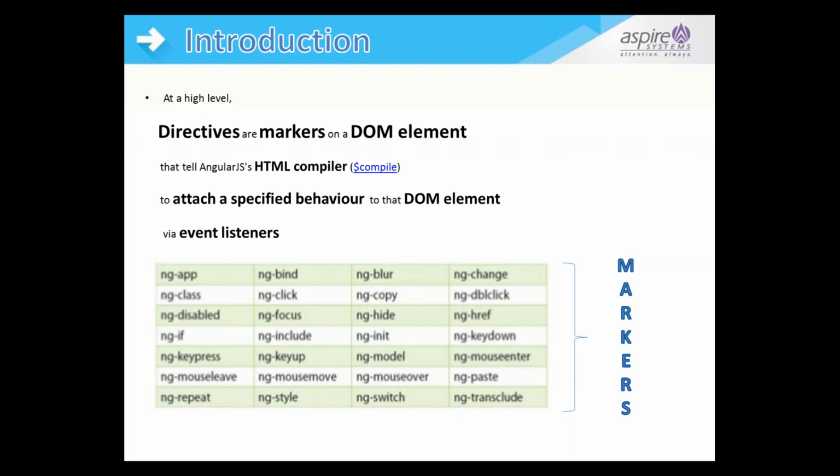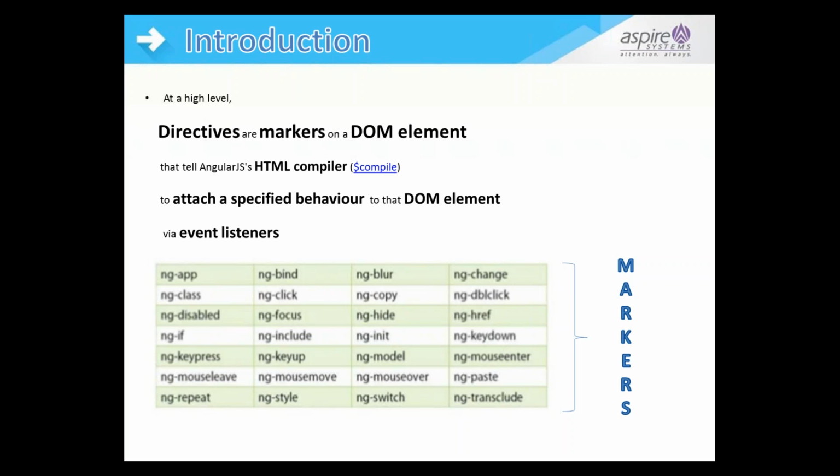So for now, just understand it is a marker. Okay, something which is going to change its behavior. Okay, and that marker can be any of these things. So for example, in a div, if you say there is something called as ng app.